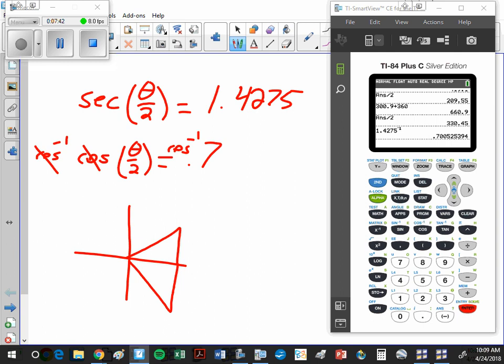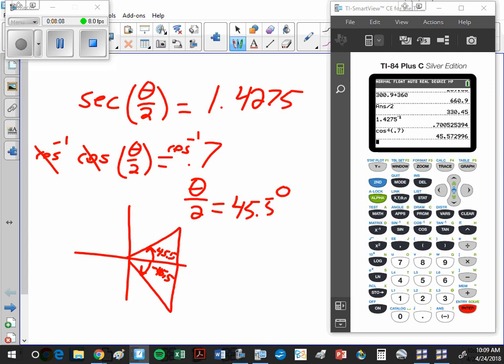These cancel, and I get theta over 2 is equal to the cosine inverse of 0.7. So 45.5 degrees. Okay, so this is 45.5, and this is also negative 45.5.